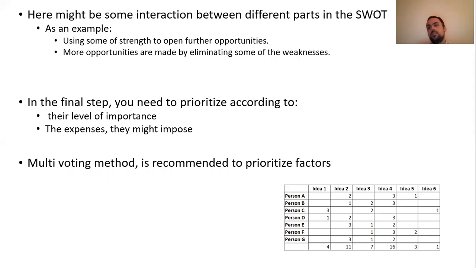If there is a threat or a weakness and it's more expensive, it exposes you to more expenses, so it's more important. So please pay attention to this point. But how can we prioritize these factors? I recommend you the multi-voting method.